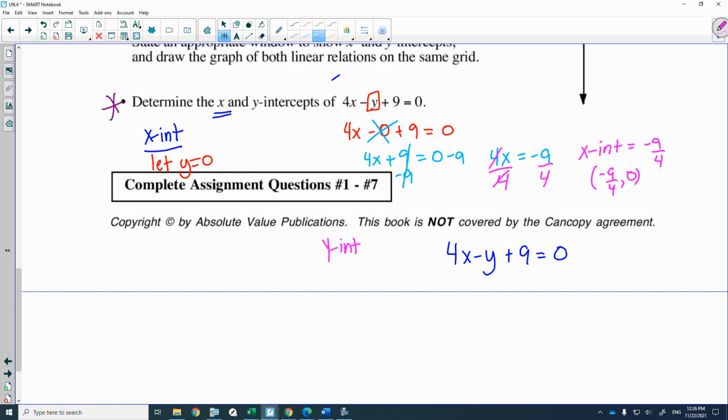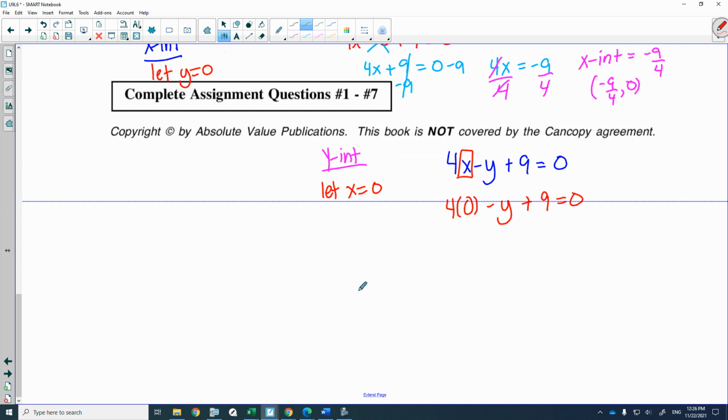If you are looking for a y-intercept, you let the other variable, which is x, equal 0. Here's the x, and a 0 goes there. So we'd have this, 4 times 0 minus y plus 9 equals 0. Then you could say, okay, anything times 0 is 0. So we are then left with minus y plus 9 equals 0.